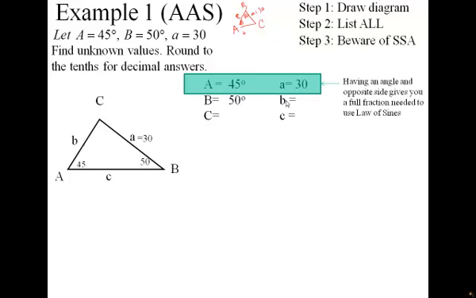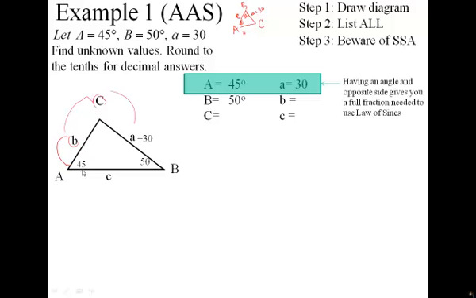One other thing, step 3, is be aware of SSA. I'm going to go into this a little bit more. You want to start with one of your pieces, say, okay, here's an angle. You want to skip no more than 2 parts. So I don't want to go this direction, because otherwise I'm going to be skipping over 2 pieces to get to my next known.